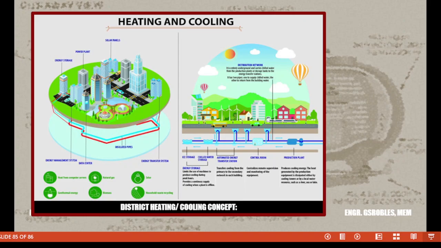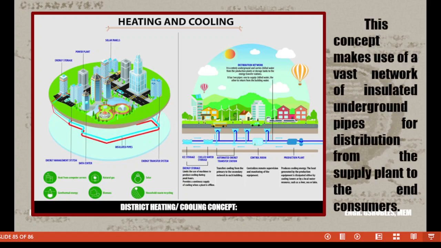In our last slide, district-type heating makes use of a vast network of insulated underground pipes. Again, insulated because we are preventing possible heat loss, for the distribution from the supply plant to the end consumers.